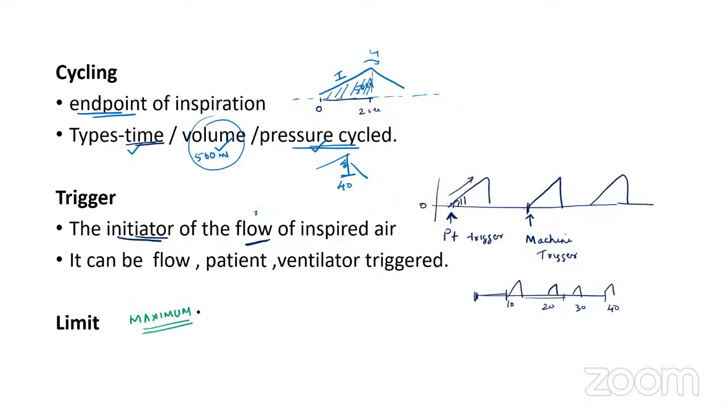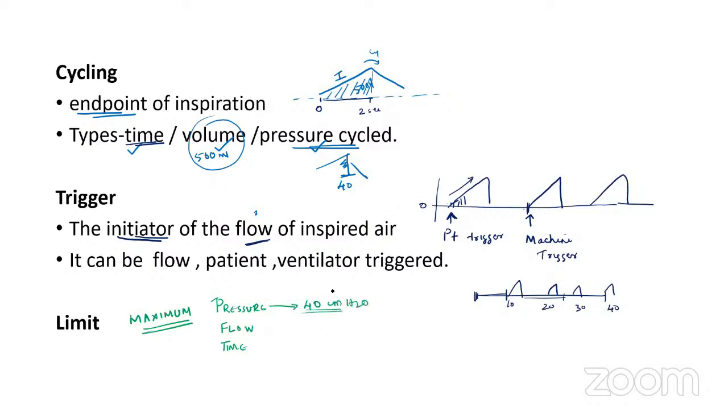For example, I can keep a pressure or a flow as the limit, or even a time. That means once inspiration starts, the machine supports until a particular pressure, say for example 40 centimeters of water, is reached in the circuit. That is the maximum amount.